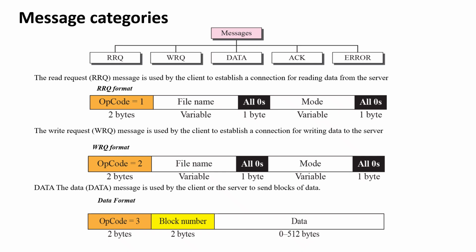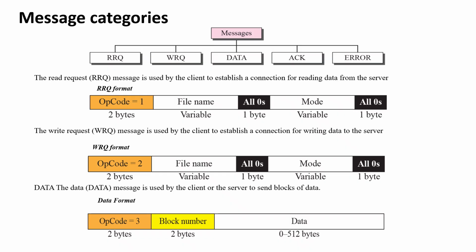TFTP utilizes five primary message types to efficiently manage file transfer over a network. The read request, or RRQ, is sent by a client when it wants to download a file from the server.